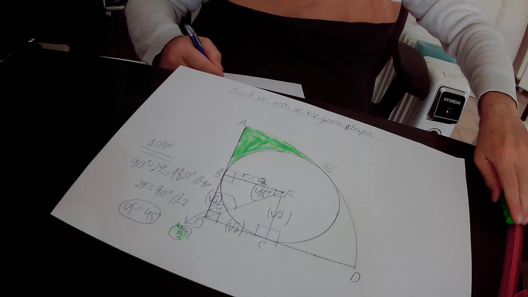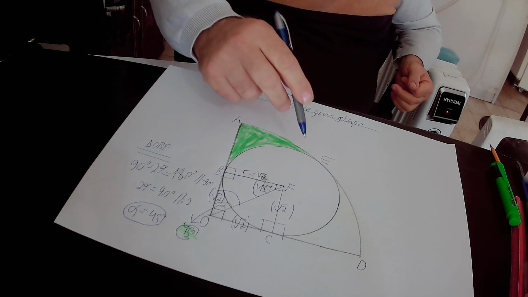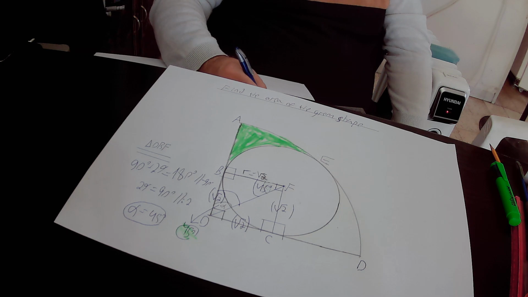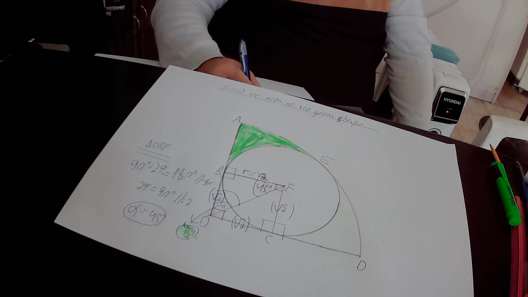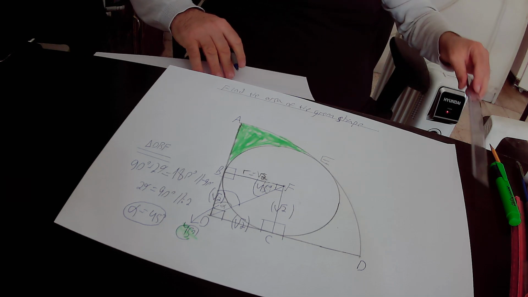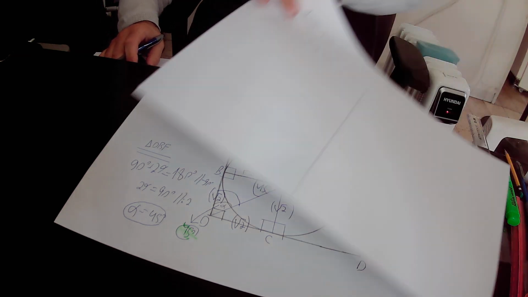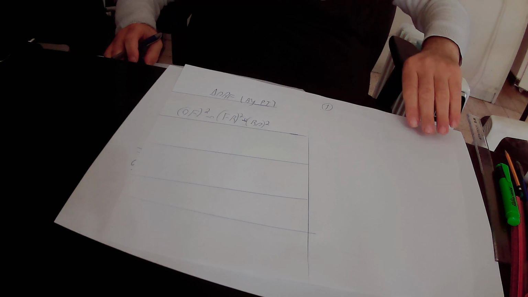That is to say, it must be equal to FB squared plus BO squared. Repeat again, in the right triangle OBF, according to the Pythagoras theorem, OF squared equals FB squared plus OB squared.